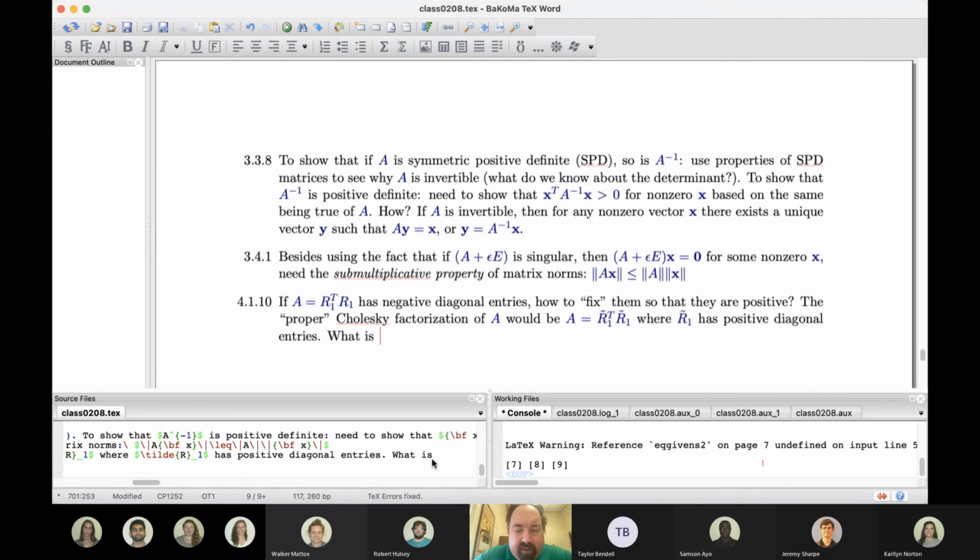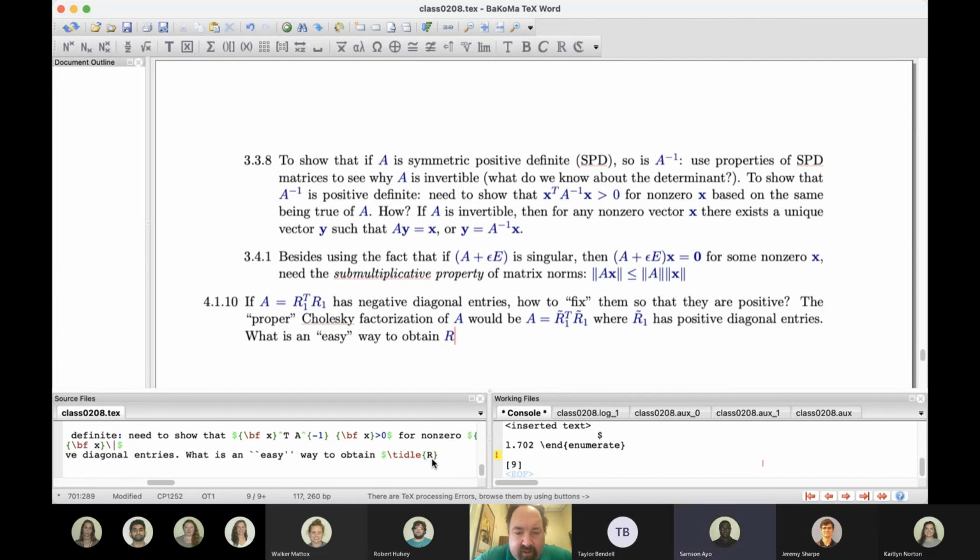What is an easy way to obtain tilde R1 from the R1 that you have?